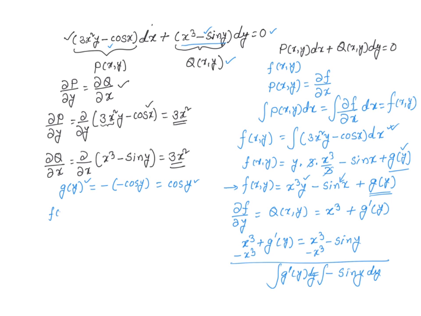That gives me f of x comma y equal to x cubed y minus sine of x plus cosine of y. So your general solution for this exact differential equation is f of x comma y equal to x cubed y minus sine of x plus cosine of y, and that is equal to some arbitrary constant c.